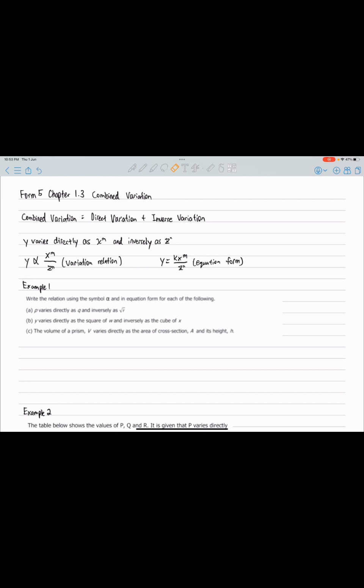It is written as y proportional to x power m over x power n. This is the variation relation. And for the equation form, we can write it as y equals k x power m over x power n. Here we have a couple of examples, so let's go through them.